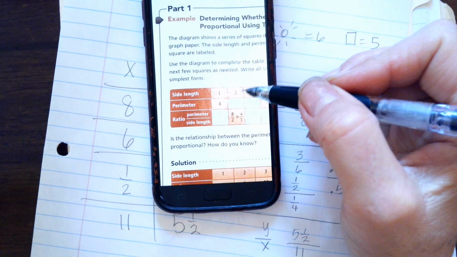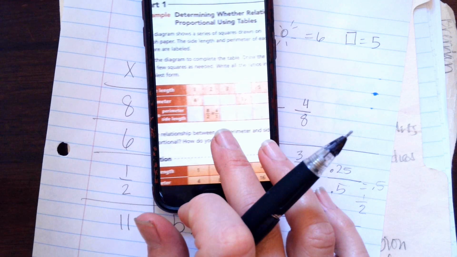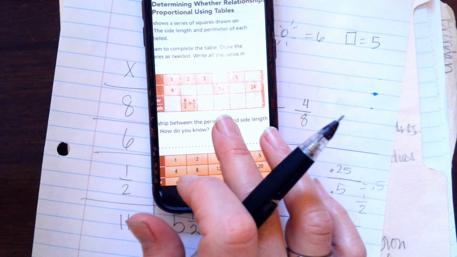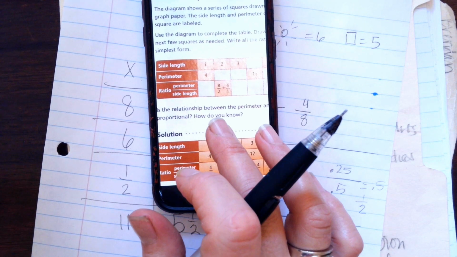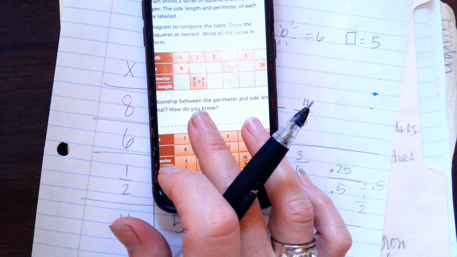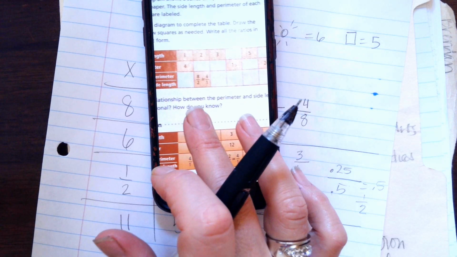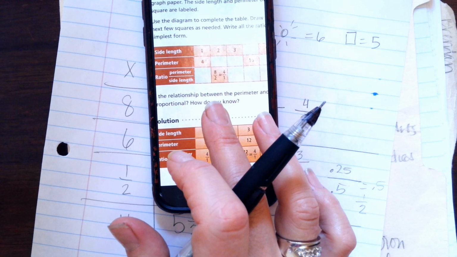So the diagram shows a series of squares drawn on graph paper. The side length and perimeter of each square is labeled. Use the diagram to complete the table. Draw the next few squares as needed. Write all the ratios in simplest form.